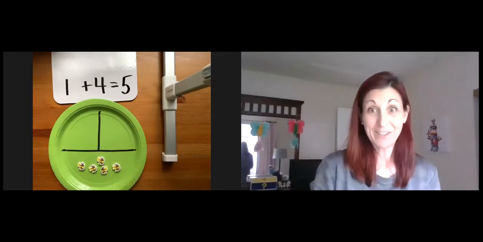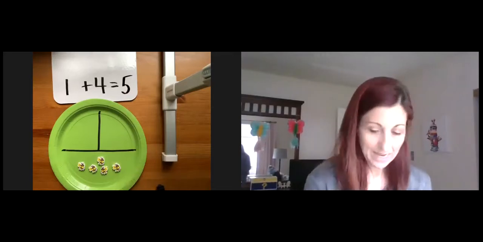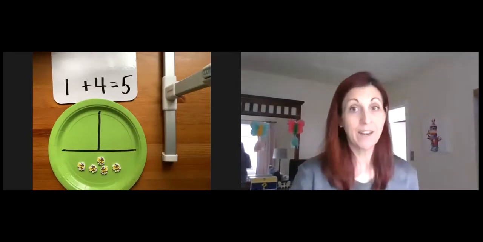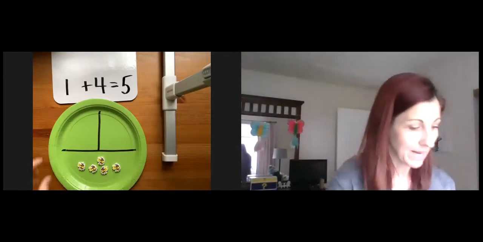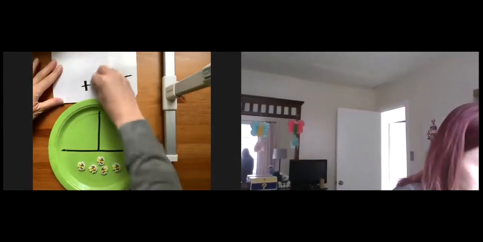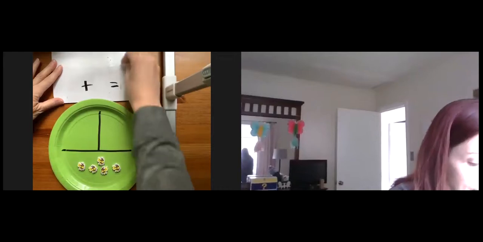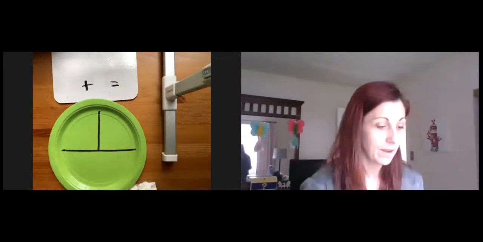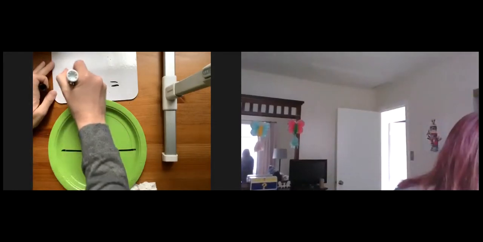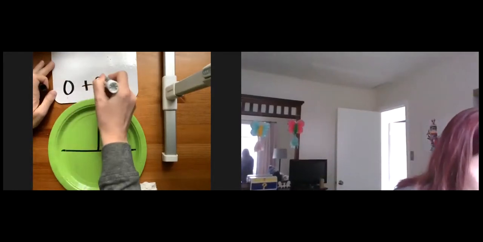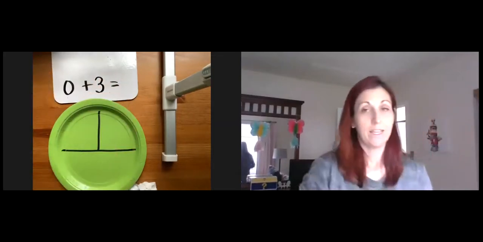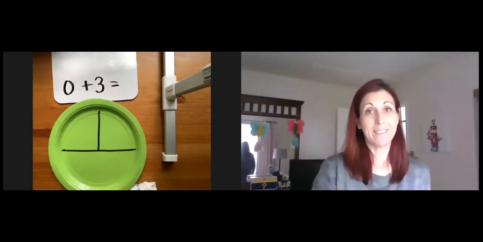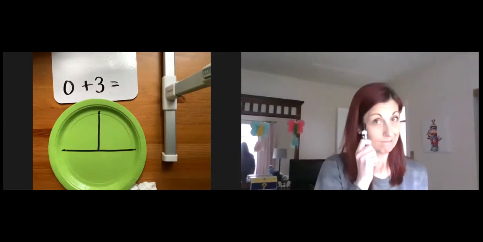Okay, let's try another one. Let's try another one with 0 in it. So my number sentence is going to look like this. 0 plus 3. Now remember what I said when we have a 0 in that number sentence.